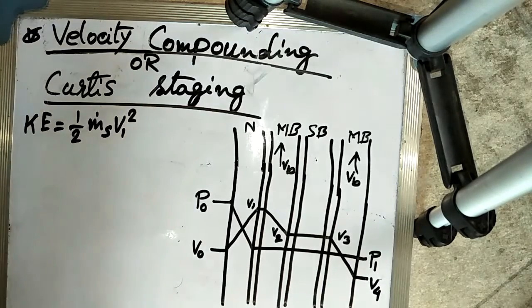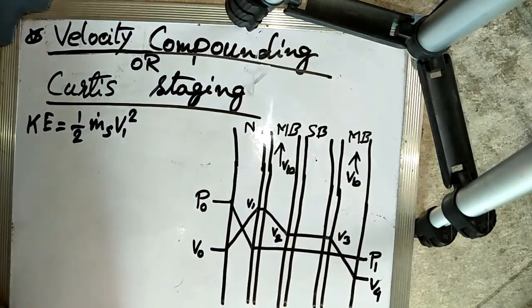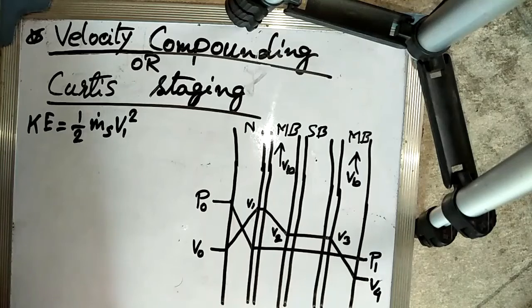So in a three row Curtis stage, the two row stage is followed by a second row of guide blades and then a third row of moving blades. So the energy conversion from fluid to rotor takes place in three stages.